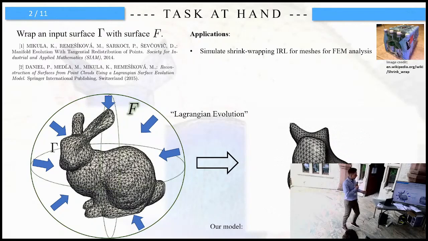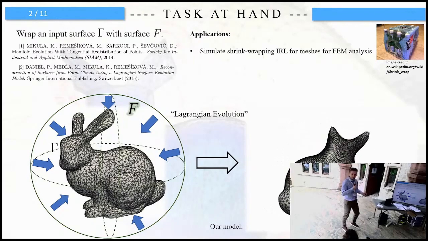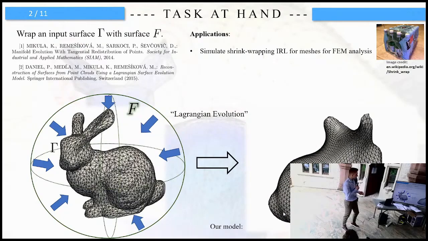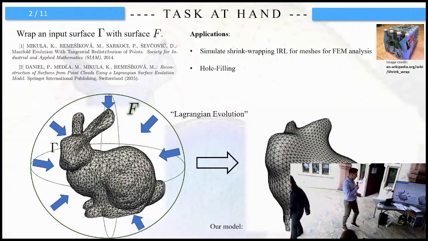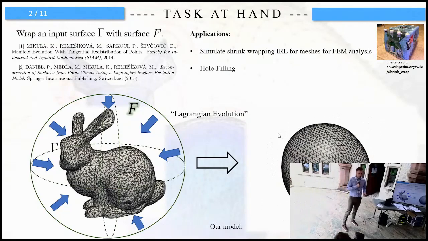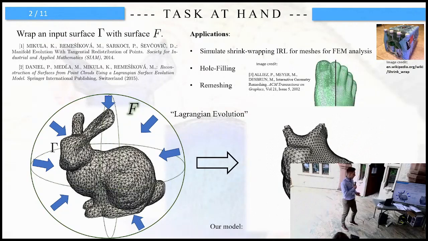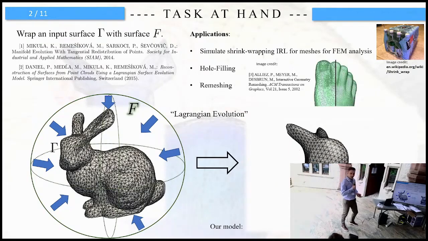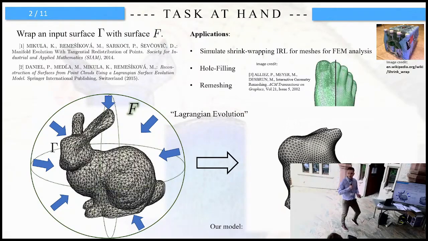With this method, we can actually generate the mesh that is necessary for these simulations. We can also use this for filling holes, and eventually it may be used as a tool for remeshing, so improving the quality of the mesh.